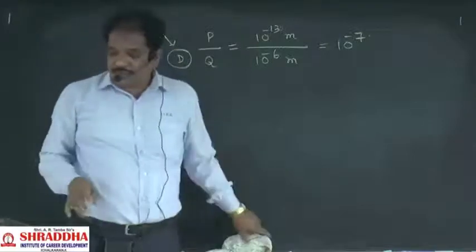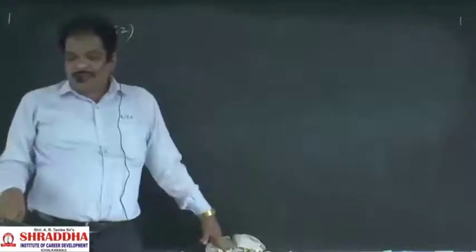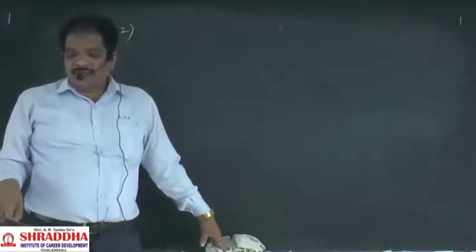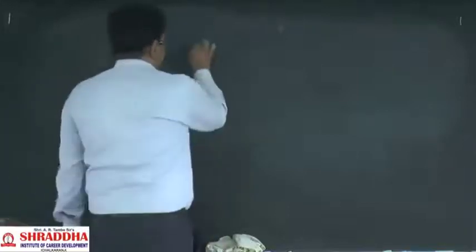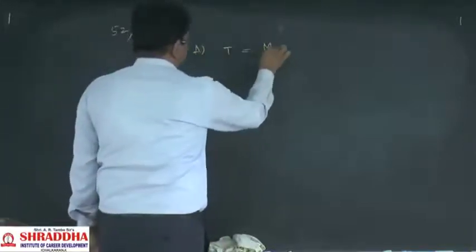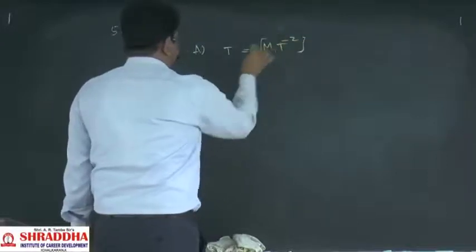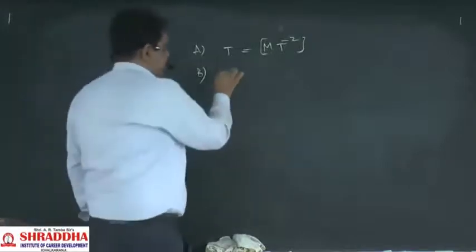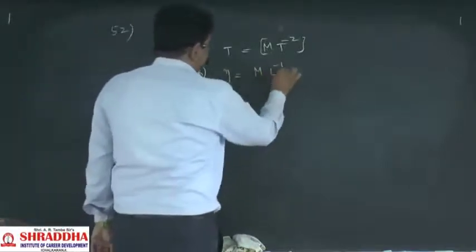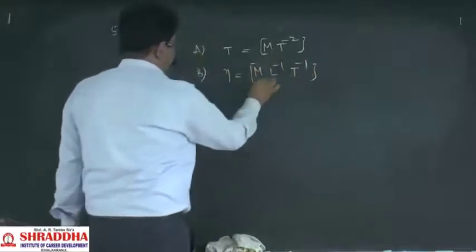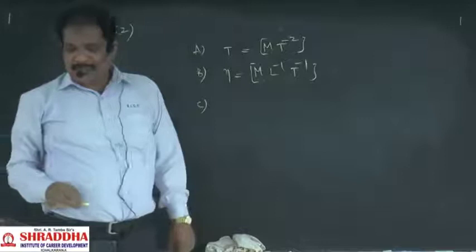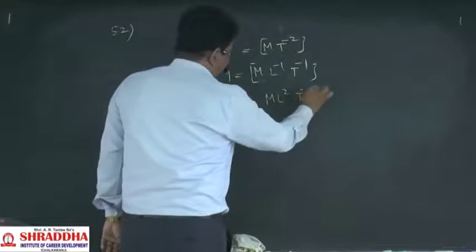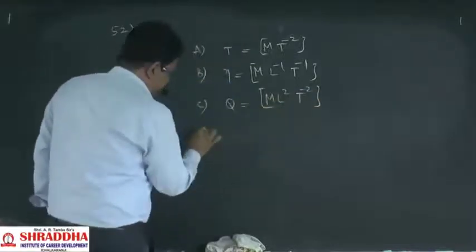Next, 52. In which of the following quantities is the dimension of mass 0? Surface tension, symbol T, has dimensional formula m T power minus 2. Coefficient of viscosity, symbol eta, is m L power minus 1 T power minus 1. Heat has dimensional formula m L square T power minus 2.